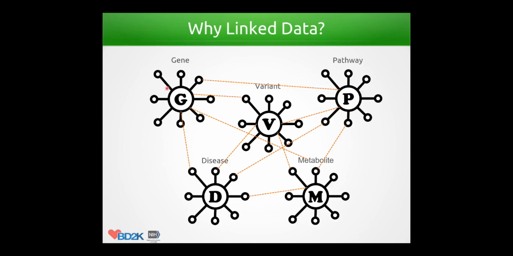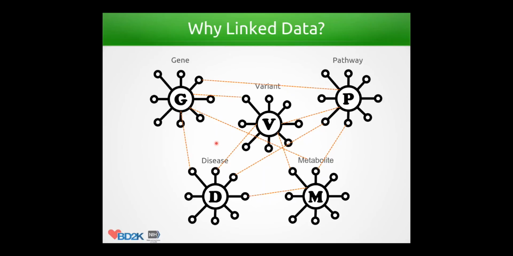That information exists in MyGene.info. The same thing applies to disease, metabolite, and pathways. Those data are served from separate APIs, but they are also linked to each other because of the underlying biology.